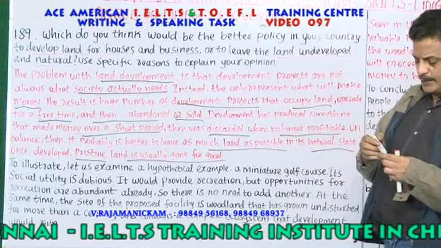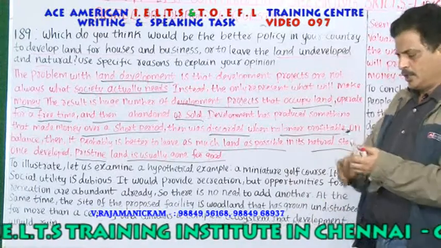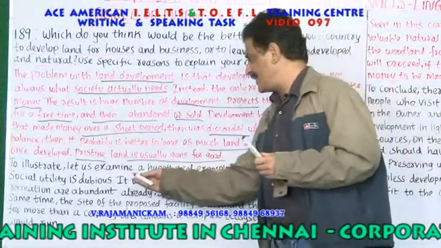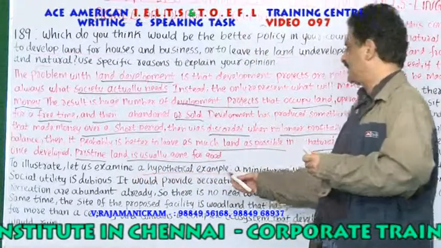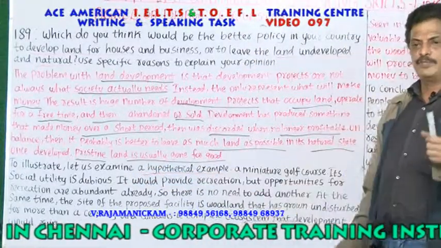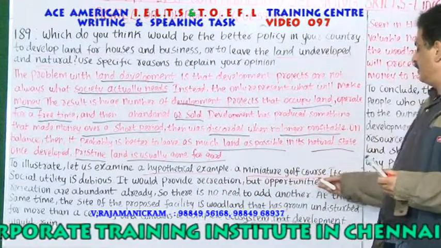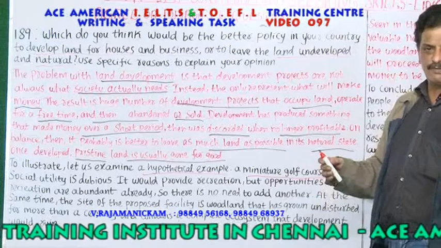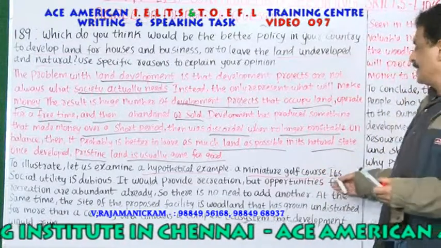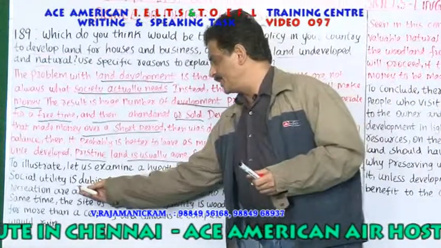For that he gives an example in the next paragraph. To illustrate, let us examine a hypothetical example, an example which you can imagine and tell. A miniature golf course, a small golf. You know, golf is a game. Its social utility is dubious.